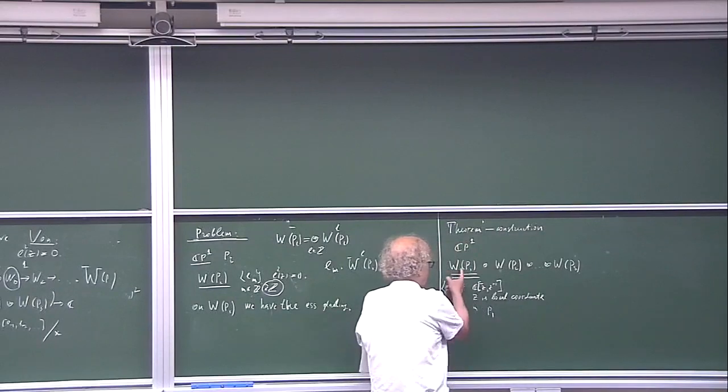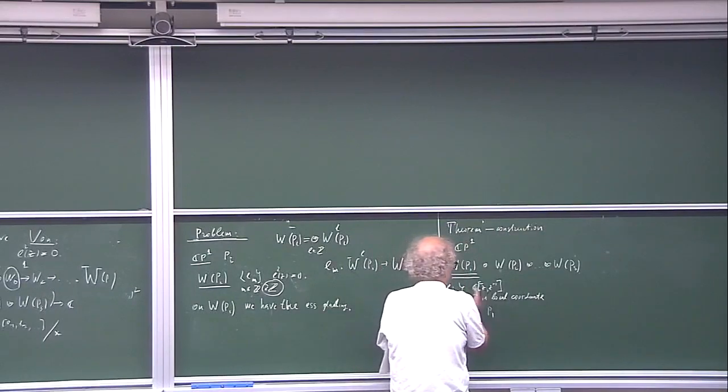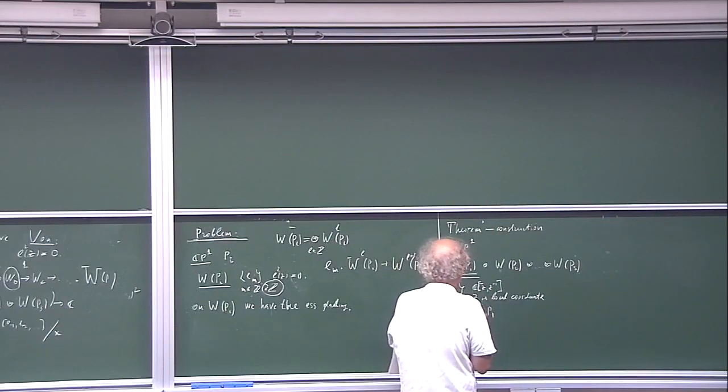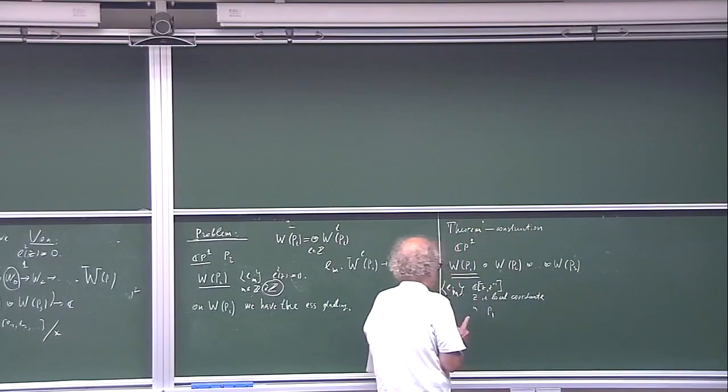No, for construction of W, actually, we do not need the explicit identification, ZI. We do not need, actually, the choice of local coordinate. It is one point of a story.